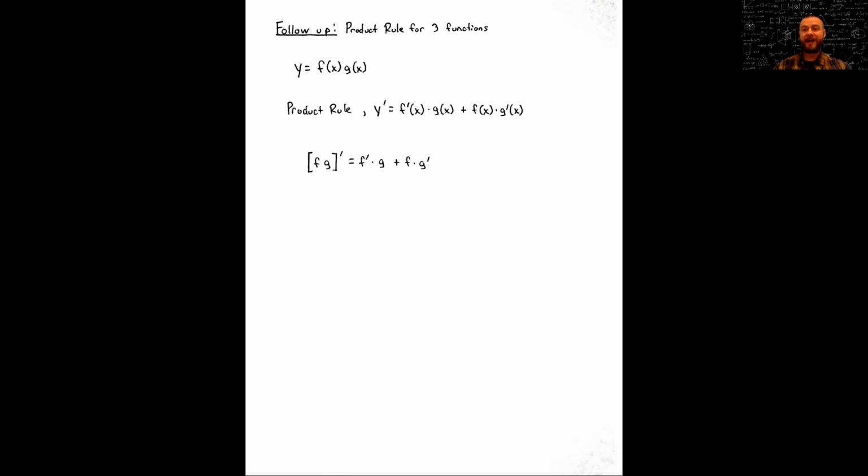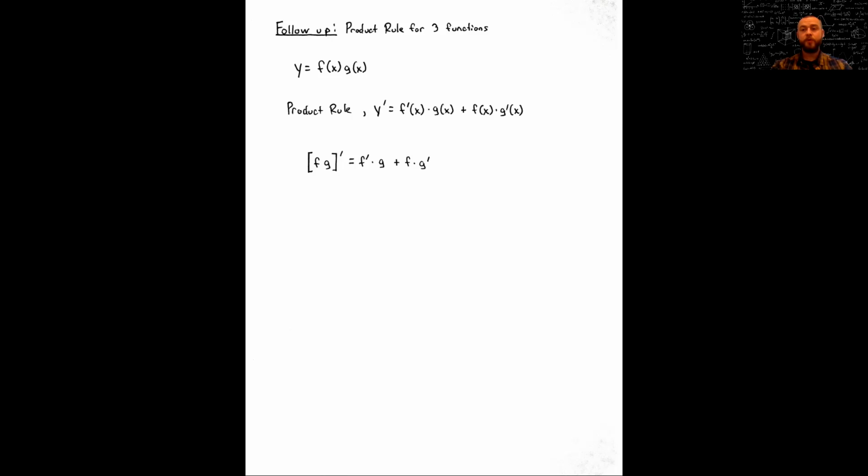We're going to explore here how you use the product rule when there are 3 functions or factors being multiplied, f times g times h. First off, what we have on the screen here is just our basic version for the product rule as we've been using it.